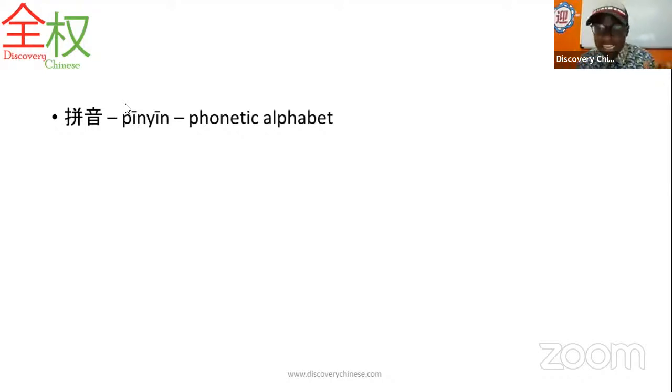You start riding a bike using some training wheels, and then as things change, you can remove the training wheels and ride the bicycle comfortably. So it is still the same way. So do not worry that you're going to come and start saying some things that you don't understand. No, we are going to start first by introducing the pinyin to you, and we will be teaching you using pinyin as we integrate the hanzi slowly by slowly.